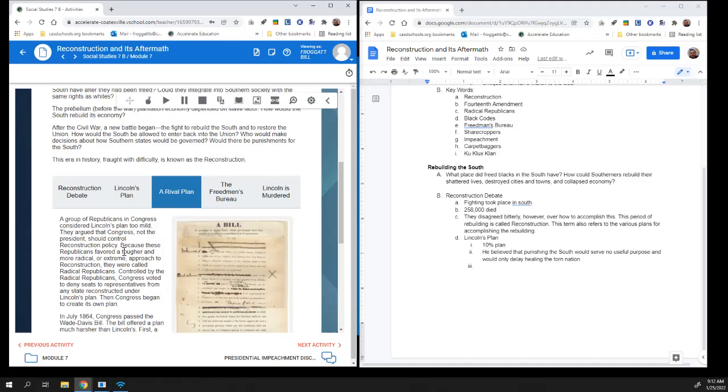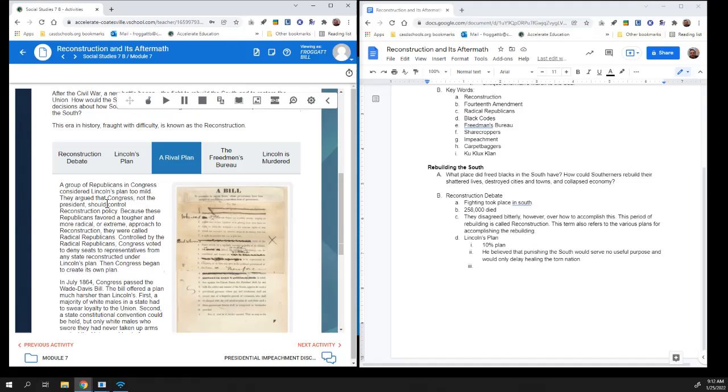All right. So next, a group of Republicans considered Lincoln's plan too mild. They argued that Congress, not the president, should control Reconstruction policy. So this goes back to our knowledge of American government. Congress does have, according to the Constitution, control over money. They call it control of the purse strings.